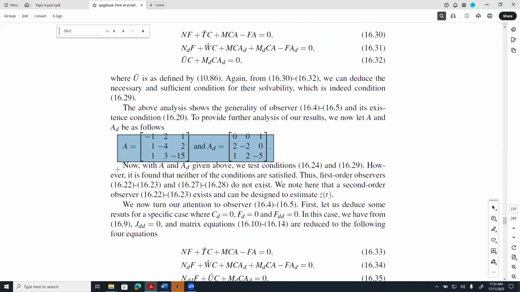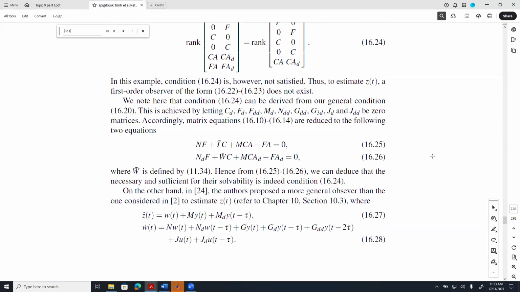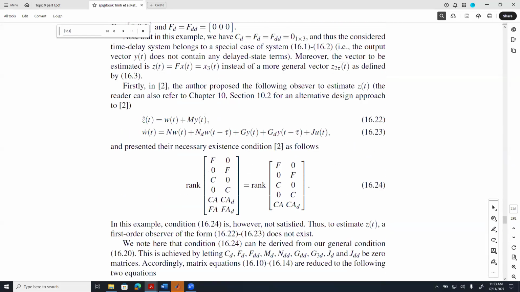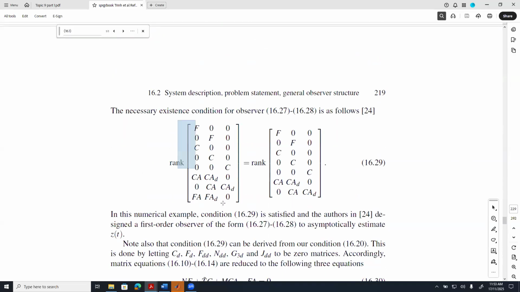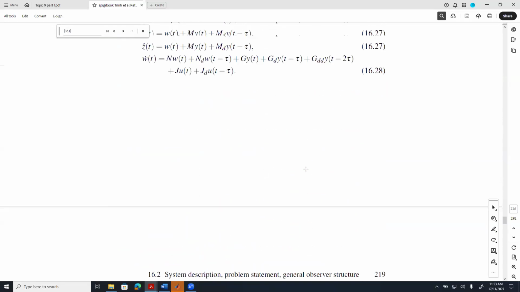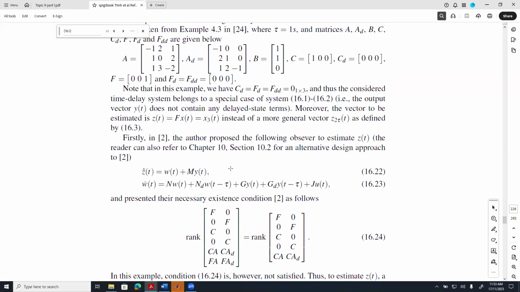Now, if we have this kind of time delay system, what happens is that when we go into designing a first order functional observer, and when we test conditions 24 and 29, 24 is from this reference, which is this observer structure, and 29 is this condition, which is from this reference, so it has a more general structure than this structure.